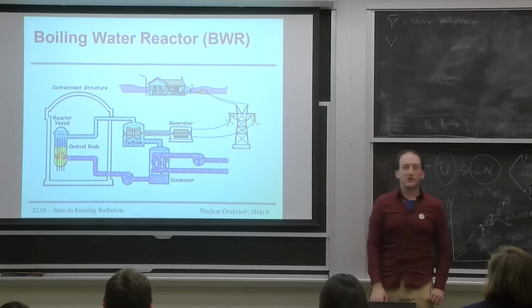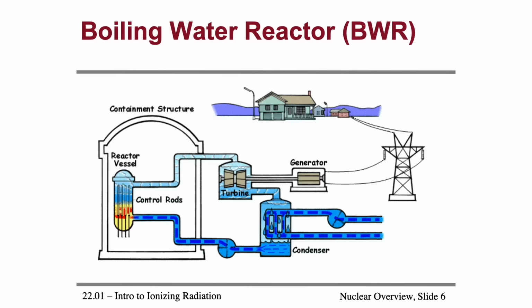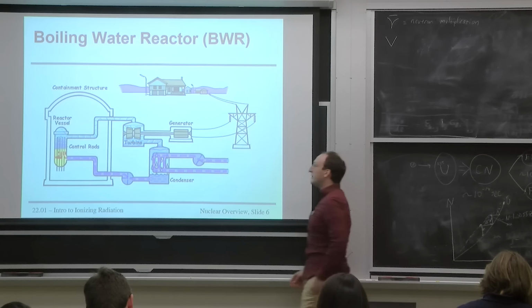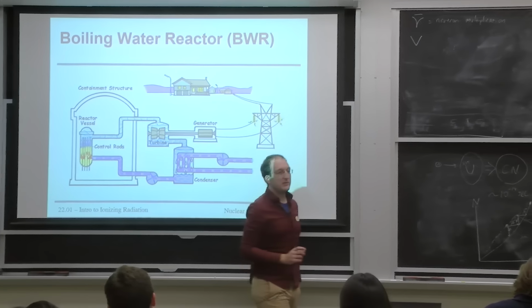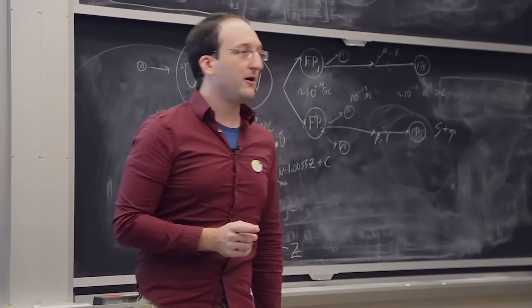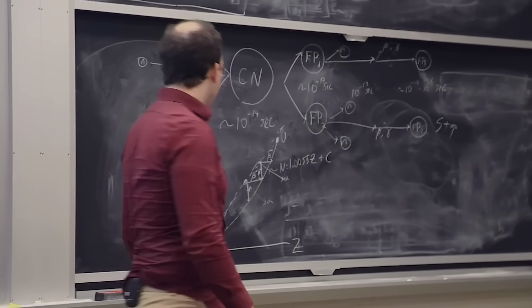So KN last Thursday already showed you the basic layout of a boiling water reactor, one of the types of light water reactors. And the reason that this is a thermal reactor is because it's full of water. Water, as we saw in our old Q equation argument, is very good at stopping neutrons.